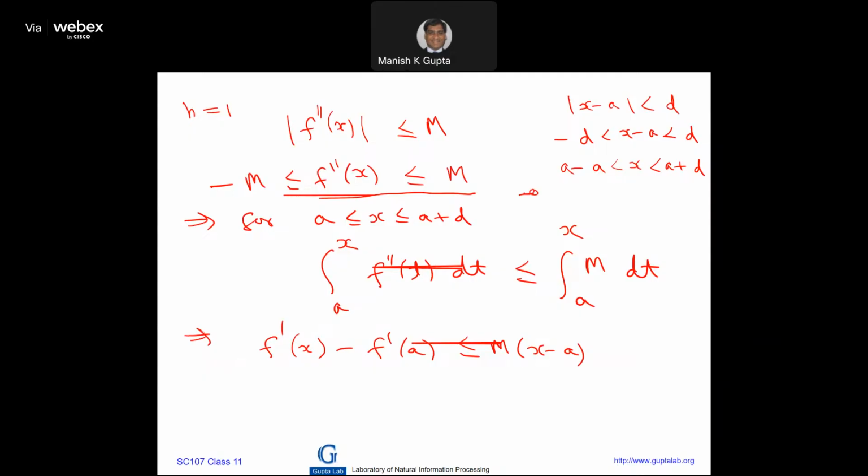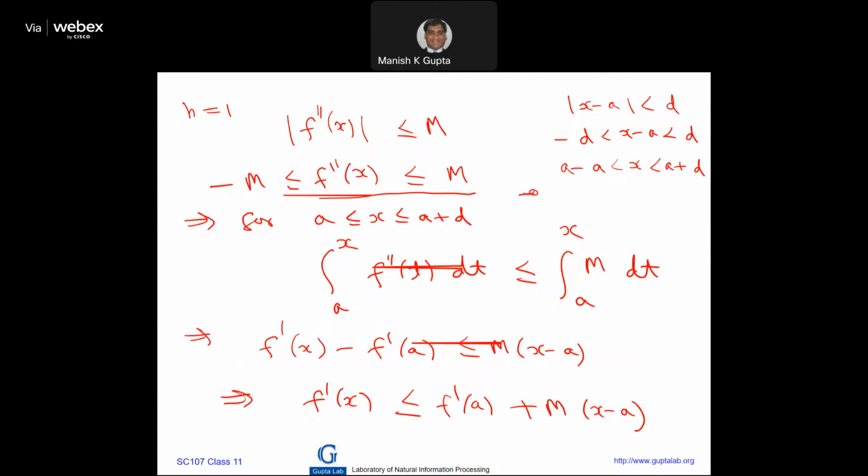So now that means this implies that f dash of x is less than or equal to f dash of a plus M times x minus a, right? Now I am going to integrate again from a to x on both sides.